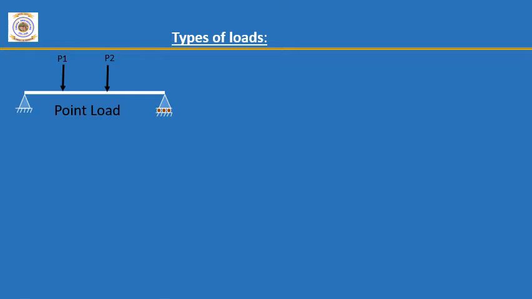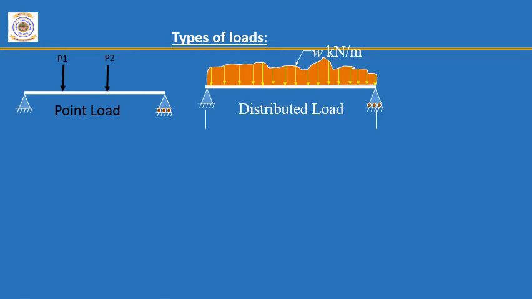It is generally denoted by capital letter P, F or W, and it is represented by an arrow, either in downward direction or upward direction depending on the condition of the load. Next one, distributed load. Why is it called distributed load? Because it is distributed across the length of the beam.